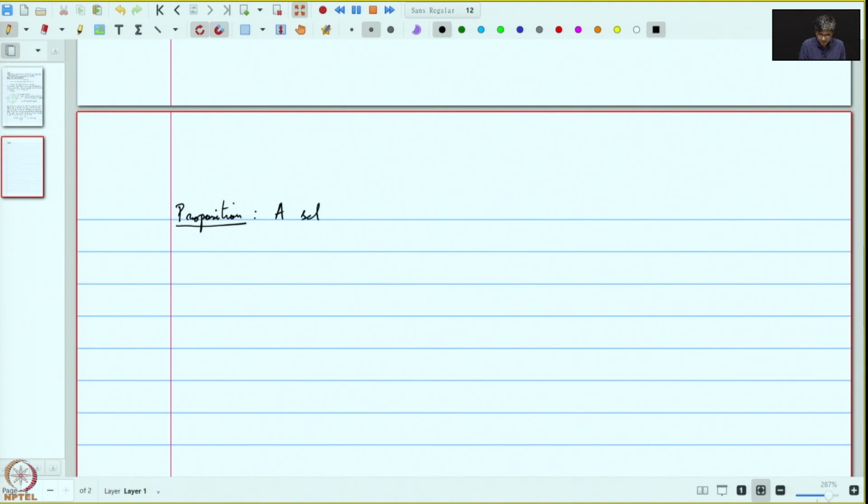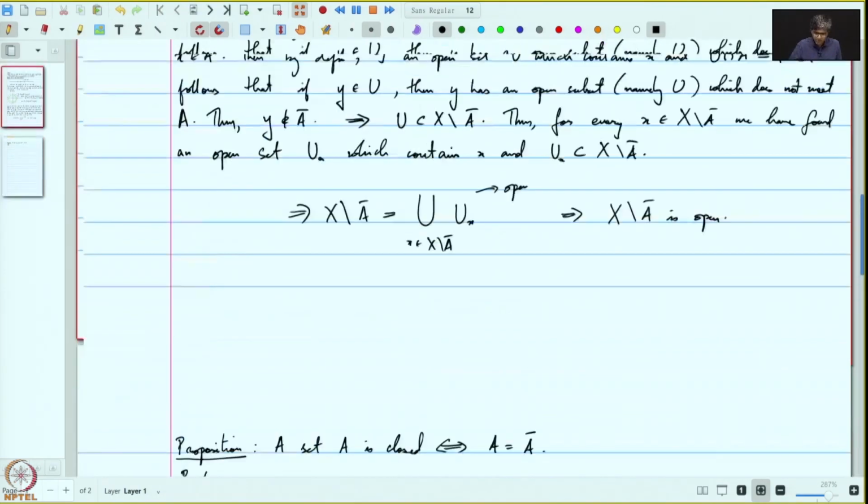A set A is closed if and only if A is equal to A bar, or A closure. Right? So let us prove this. So let's just recall the definition of this A bar.